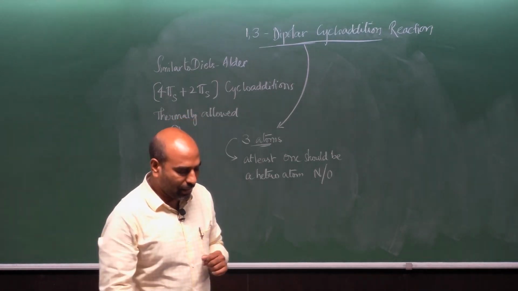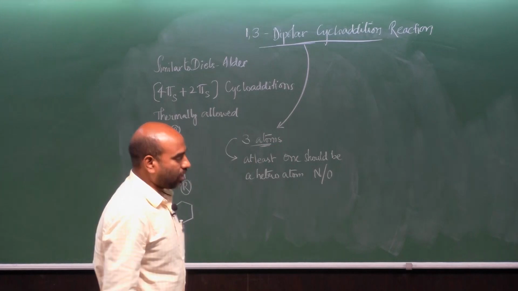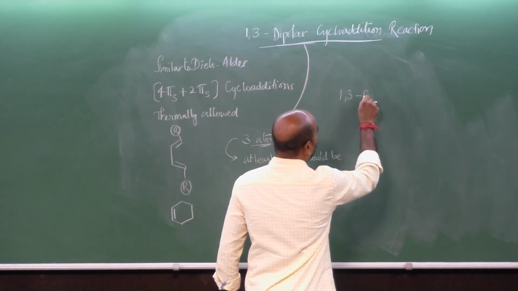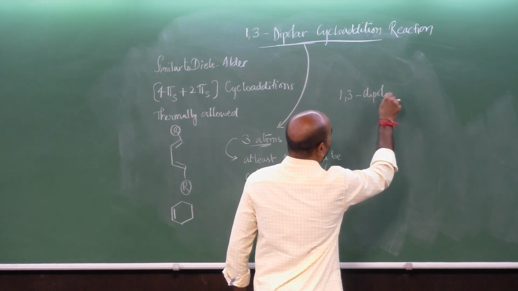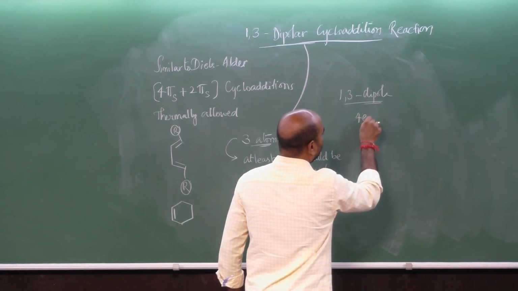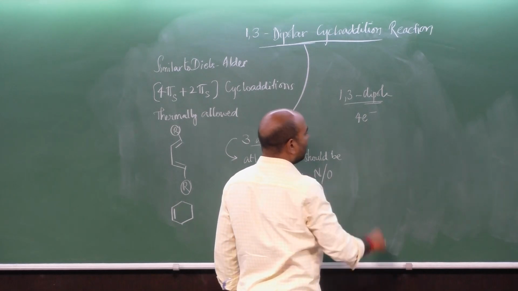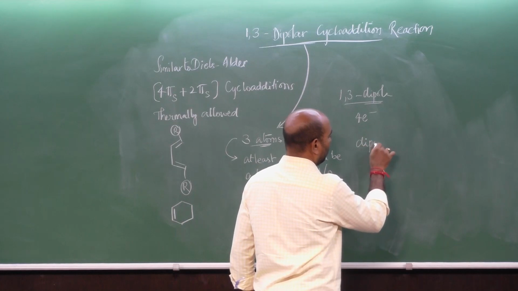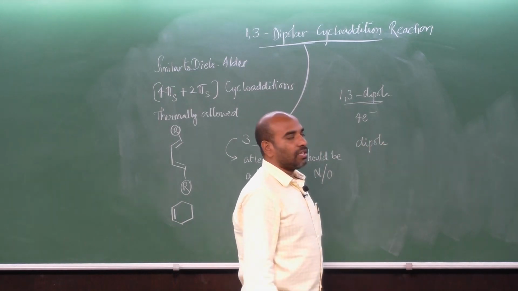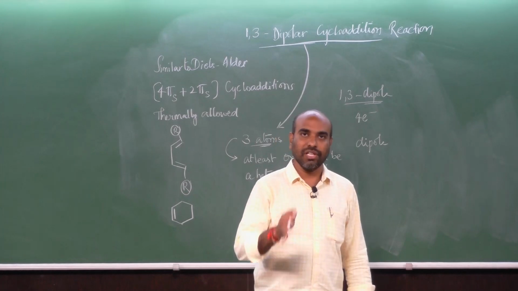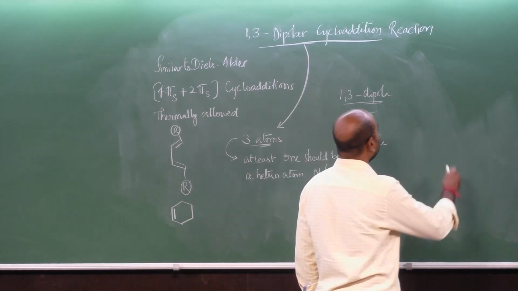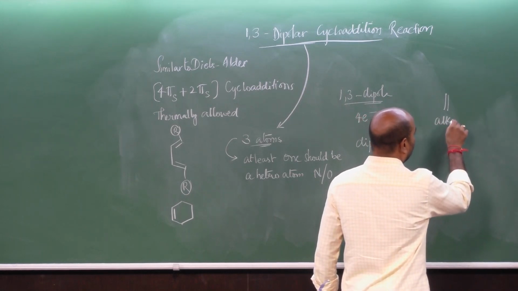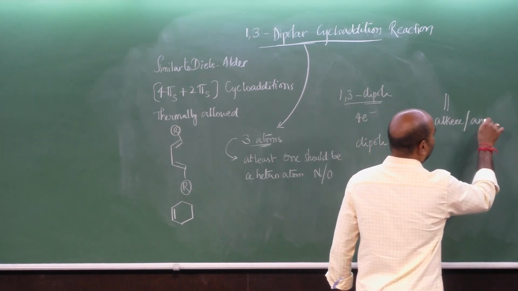Okay. So coming to these 1,3 dipolar cycloaddition reactions, the 1,3 dipolar molecule which is contributing the 4 electrons is named as a dipole, and the dienophile, which is a must for the cycloaddition reaction, may be simply either an alkene or an alkyne.